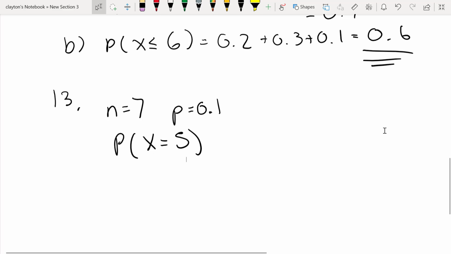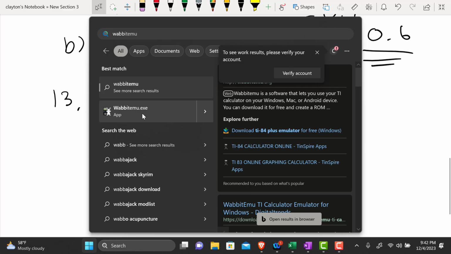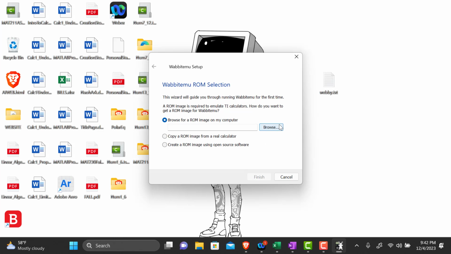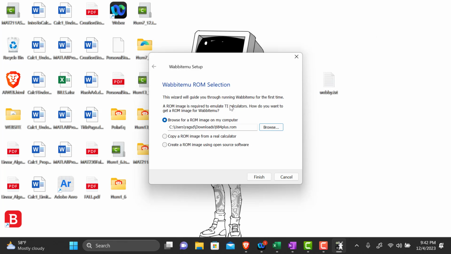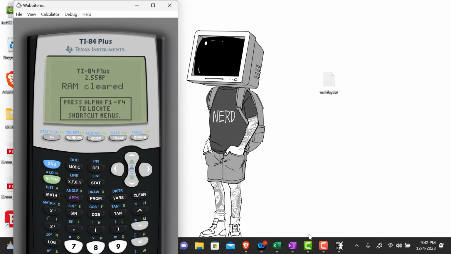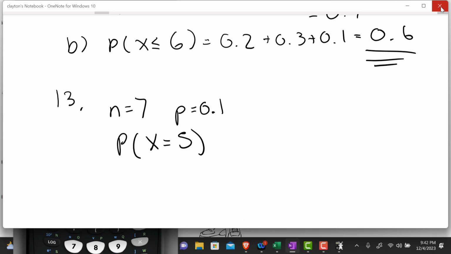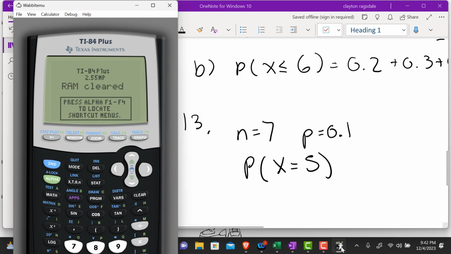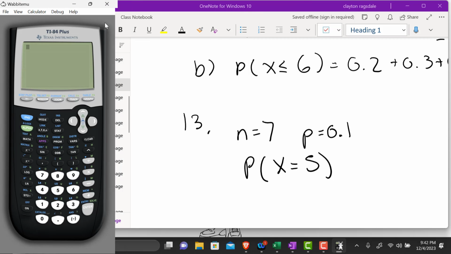Okay, let's see. I think I should have this. I might need to go download. I put in the ROM. Yep, there we go. Boom. Let's put the OneNote back. We'll minimize this and we'll pull open this. There we go, that's better.